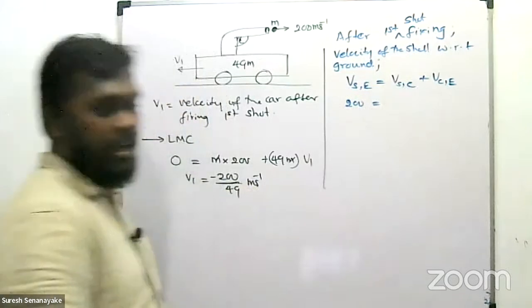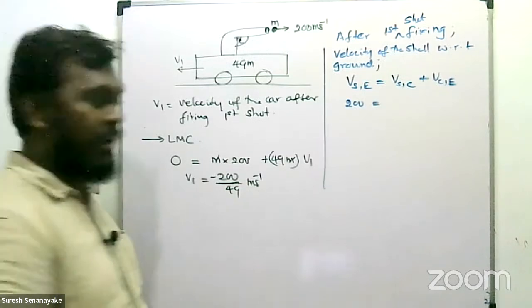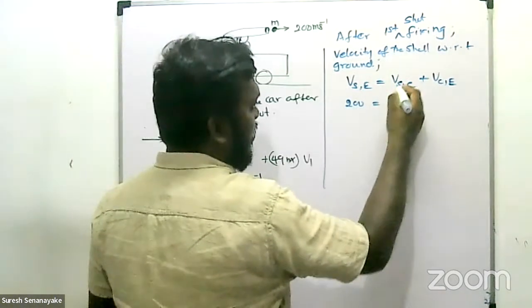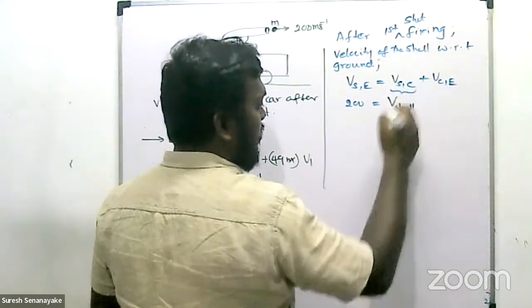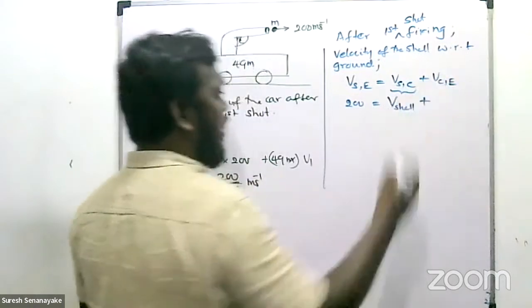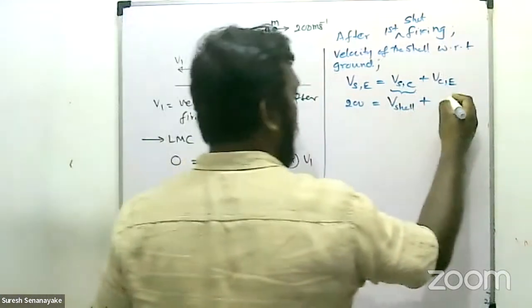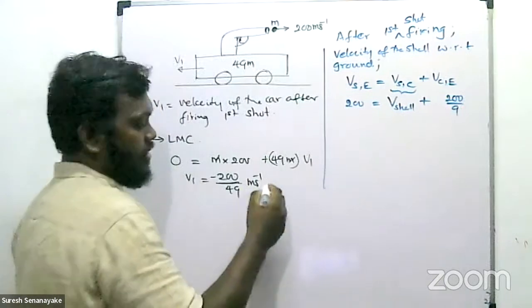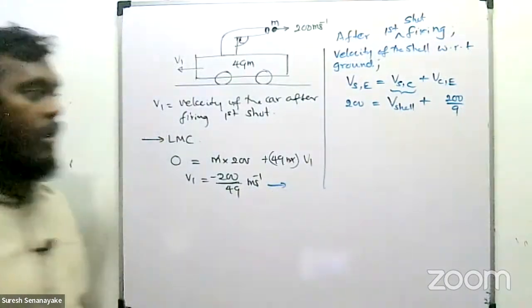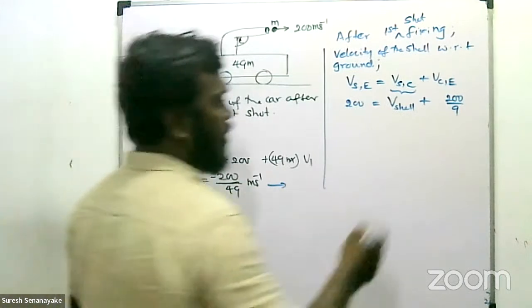How can you write the shell velocity with respect to the cart? We need to find that. I am writing this as v shell, and this is the cart velocity after firing. Since this direction is negative and the backward direction is positive, you need to put a negative sign.